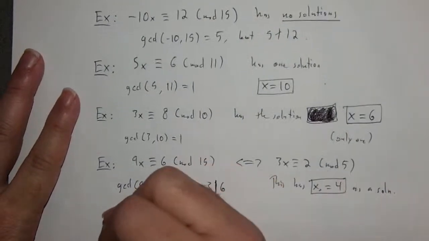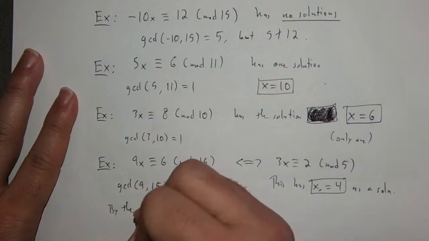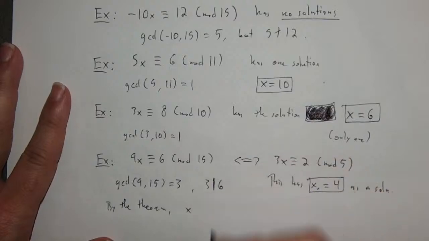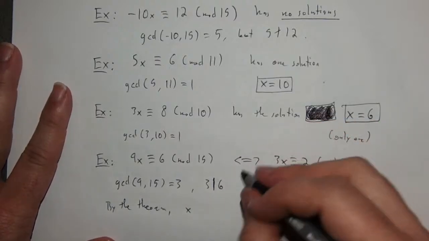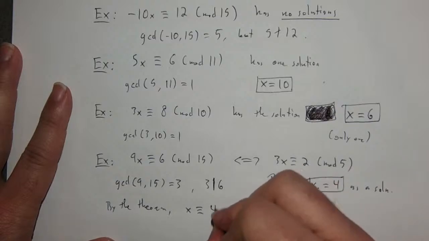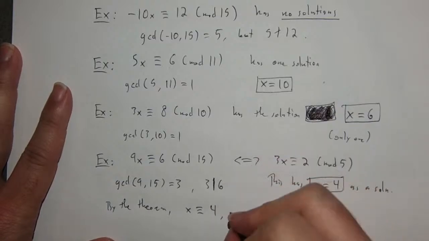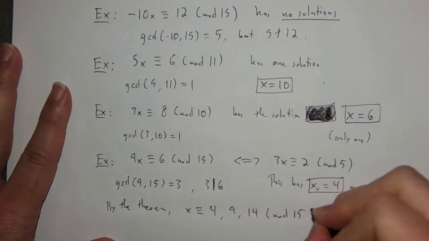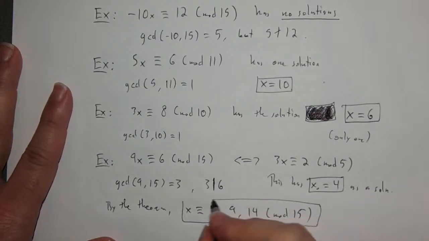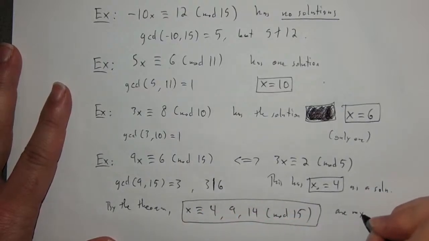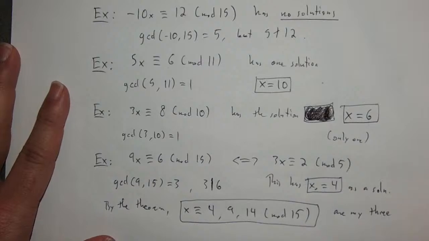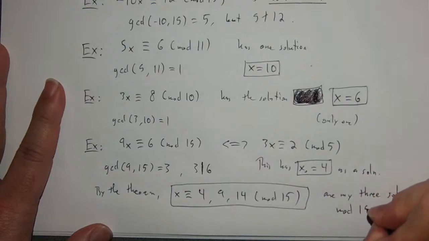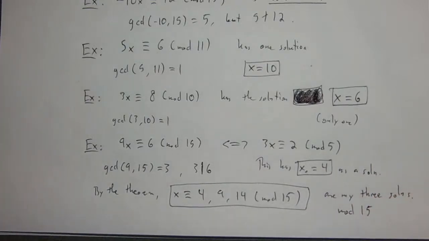So by the theorem, x is congruent to 4, 9, and 14 mod 15. These are my 3 solutions mod 15. Okay.